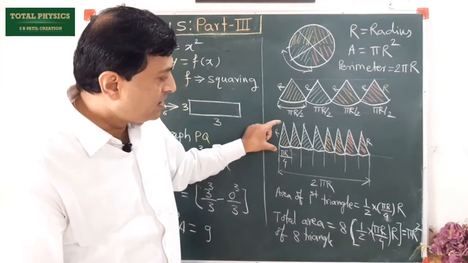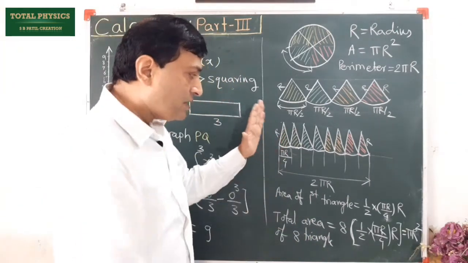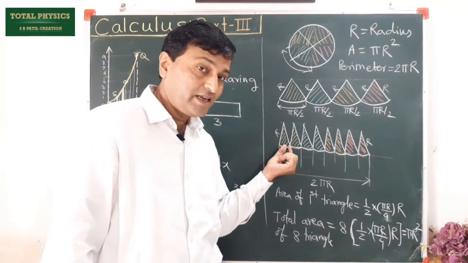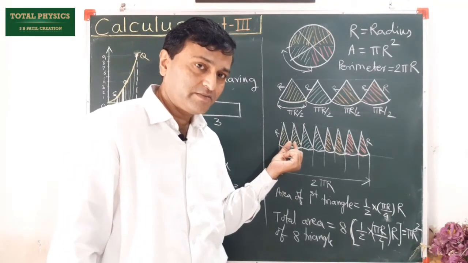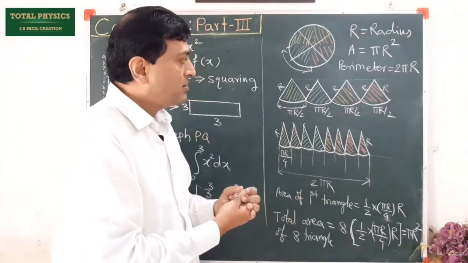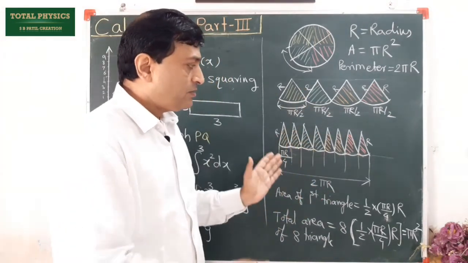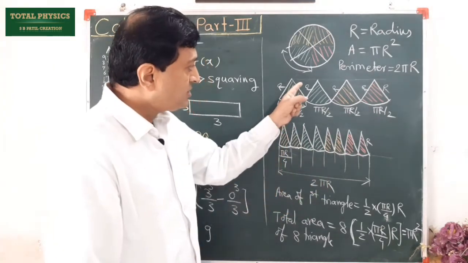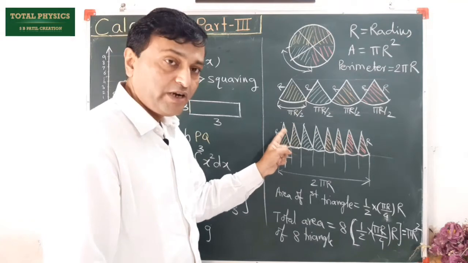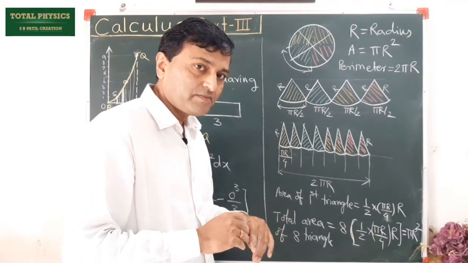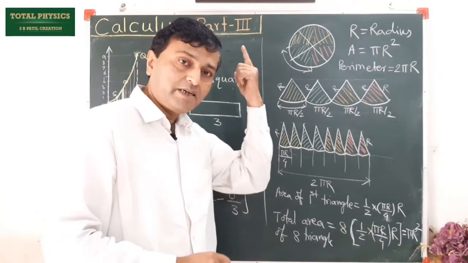And this oblique side will become vertical if it is very, very small. You can visualize it. Then it will become a rectangle. It is not exactly a rectangle, but as you increase the triangles, the gap will decrease, and finally there will be no gap. Then you can say it is a rectangle.